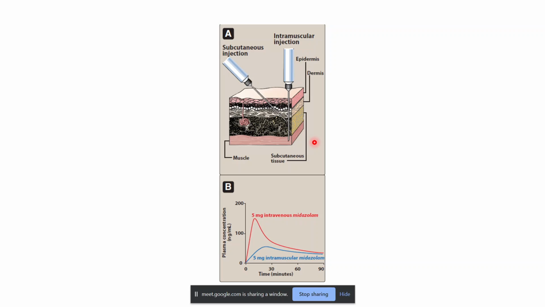So the subcutaneous and intramuscular injections are also very common and provide the same benefits that the intravenous injection will provide.